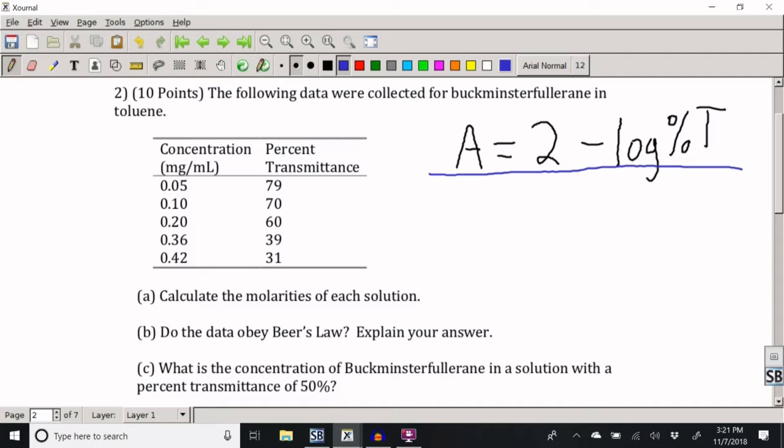Notice also how as the concentration increases, the percent transmittance goes down, okay? The relationship you're looking for is Beer's law, which is there's a direct proportionality between absorbance and concentration. So somehow we have to change percent transmittance to absorbance. All right, so if I take 2 minus the log of 79, what do I get?